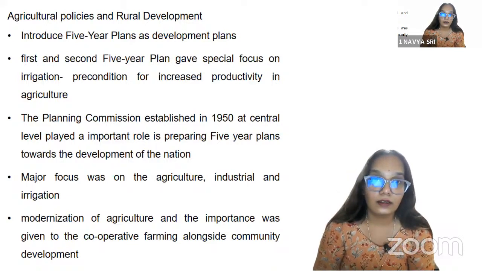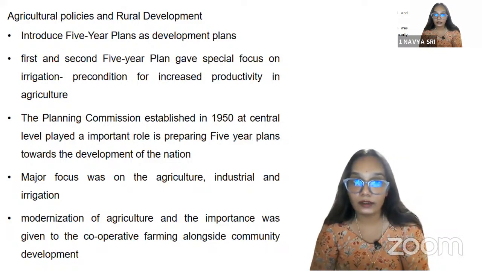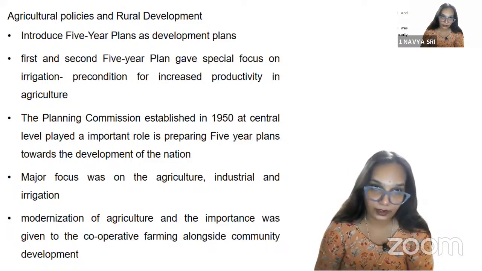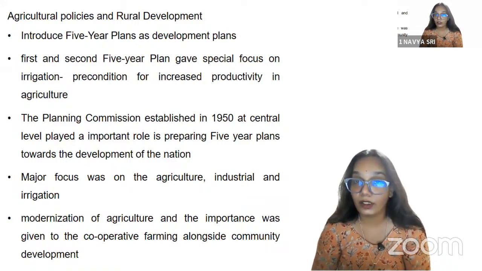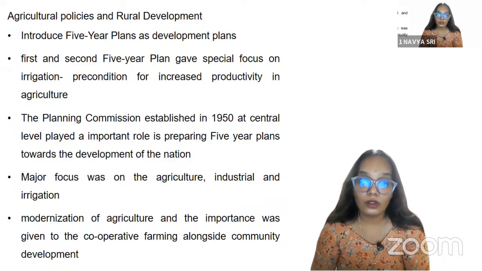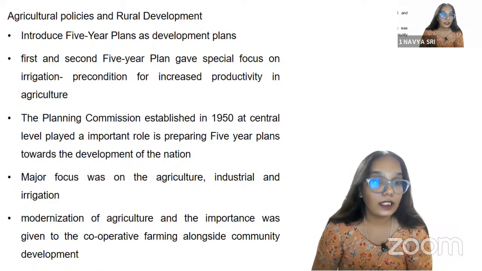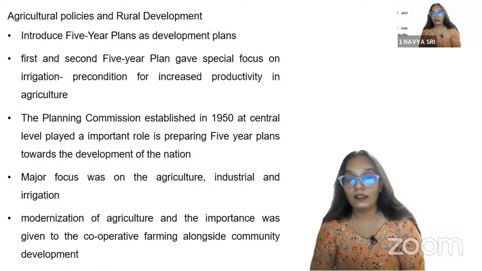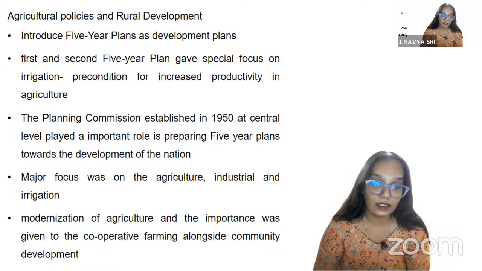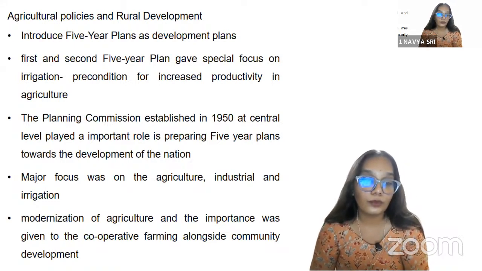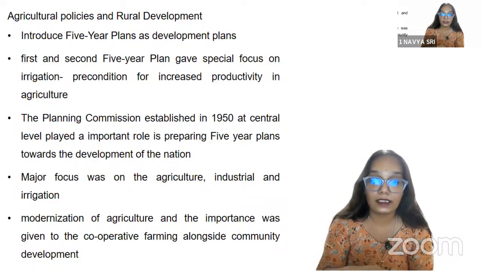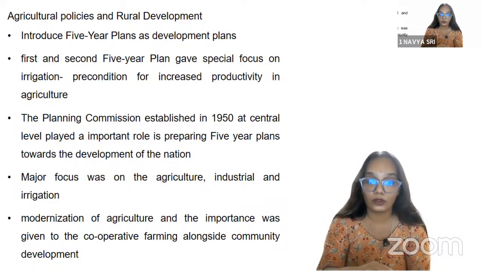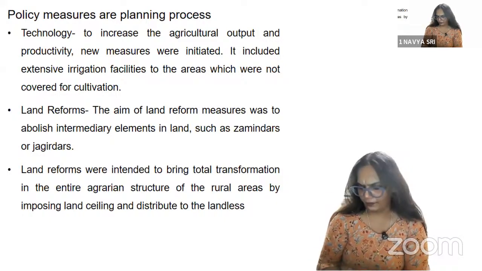This basically led to the importance of the modernization of agriculture and cooperative farming alongside the community development of rural development. So the main agenda of the first and second 5 year plans was to modernize agriculture and improve cooperative farming alongside community development. They said rural development was also on their mind.